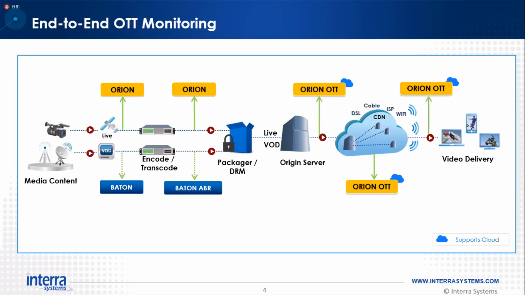Apart from this, InterraSystems also integrates with third-party vendors like Ubora to fetch and analyze the QoE related parameters from them, since they have their SDK installed on your players. Now, on top of all these point probes, we have something called the Orion Central Manager, which fetches and gathers information from all the point probes and provides us an end-to-end monitoring view and a single dashboard for correlation of the errors.